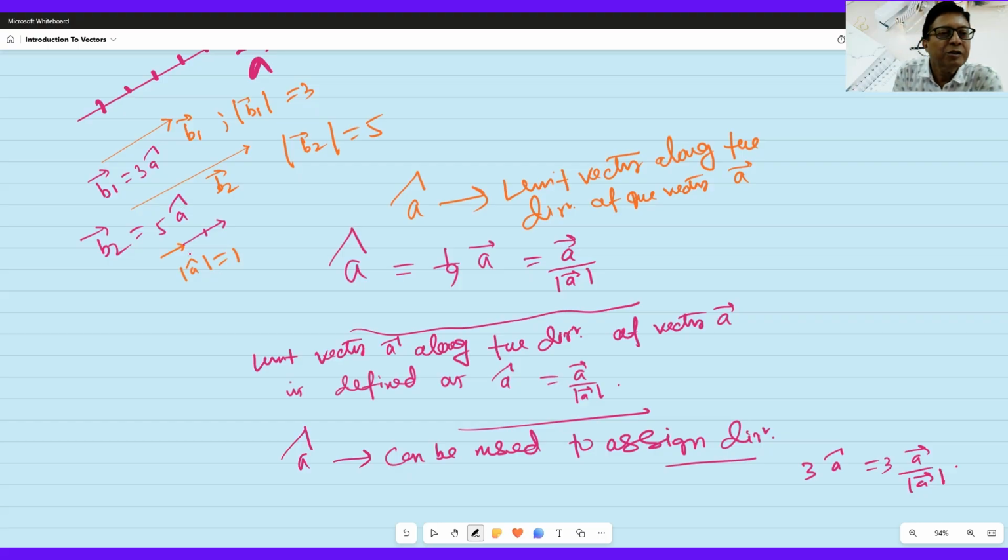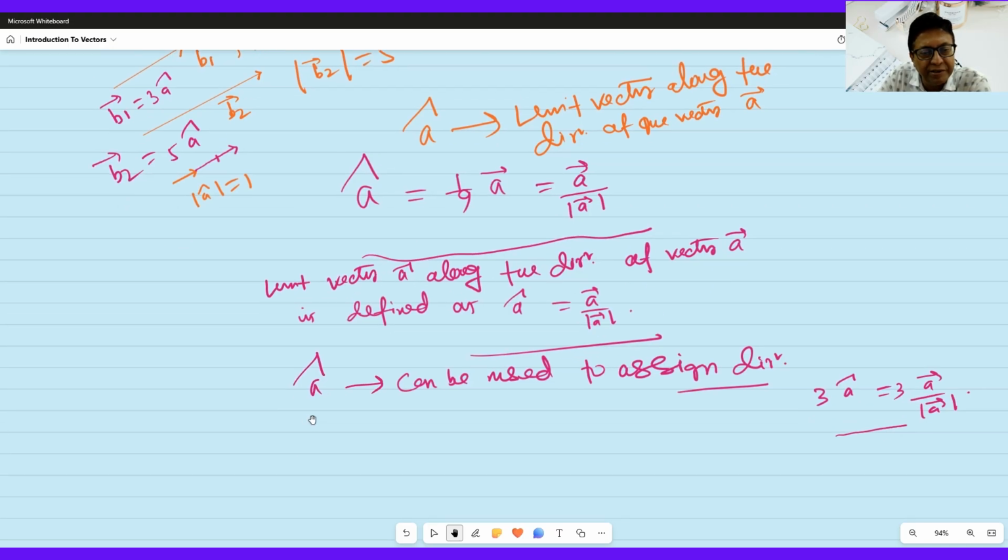Clear? So if this is a unit vector, this unit vector can be used to write any vector in the direction of a given vector. I am writing the application separately.